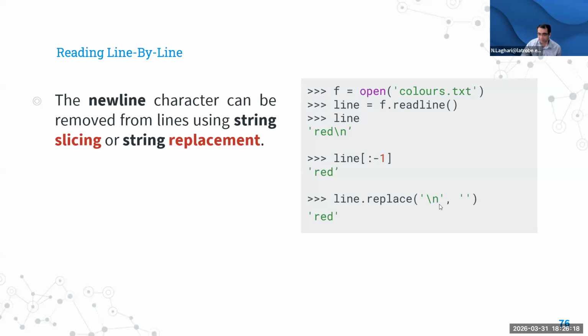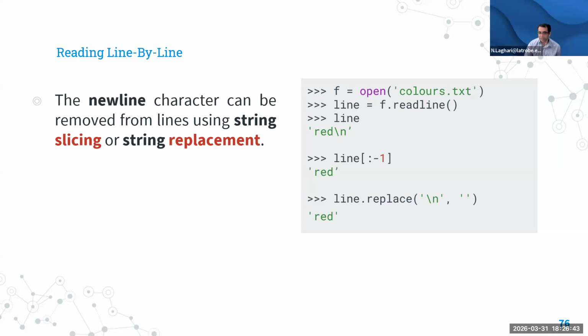Or the other idea is that you replace the line, because we have read the line here, and you replace the \n character with an empty string. So that way you can also remove this. But what happens if \n was part of the actual string? Not likely, but it's possible.